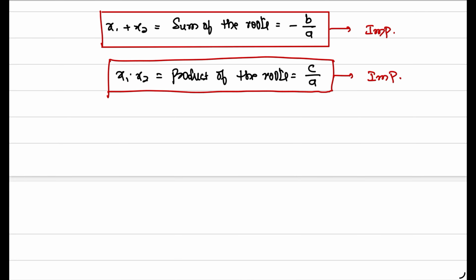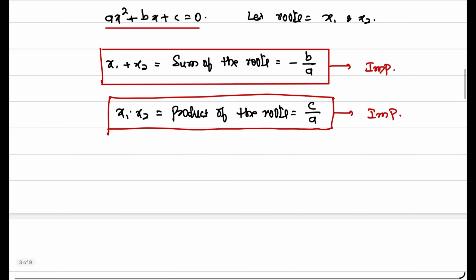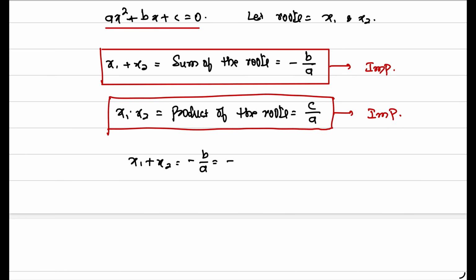Now, from above, what is the sum? x1 plus x2 is equal to minus b by a, which is equal to minus of minus 7 by p. b is minus 7. That is equal to 7 by p.